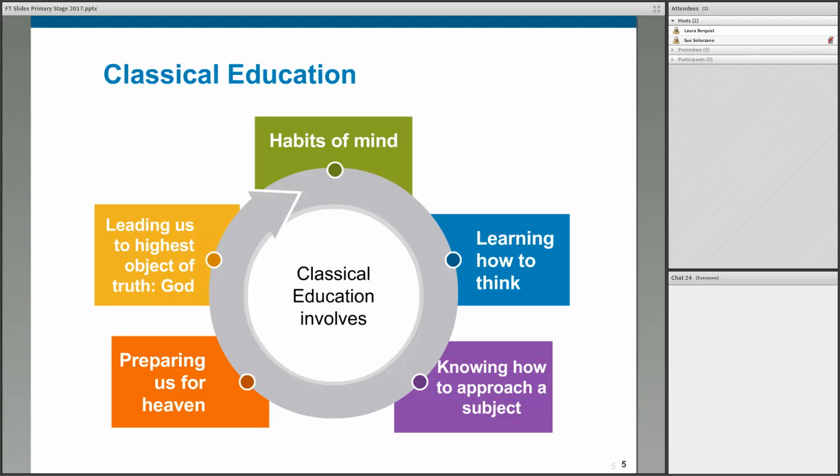Now, it's also true that classical education is about being formed in the truth, about having certain knowledge, right? And I always say to my students, think about this. Knowledge perfects us.